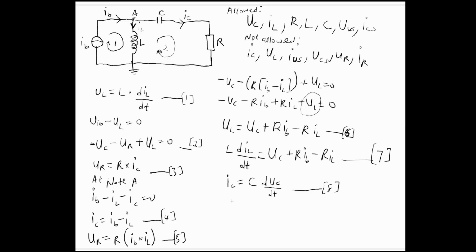So we have that at node A, IB minus IL minus IC is equal to 0. You see? So we can substitute IC for this one, but let's not do it now. Let's do it as the last step.